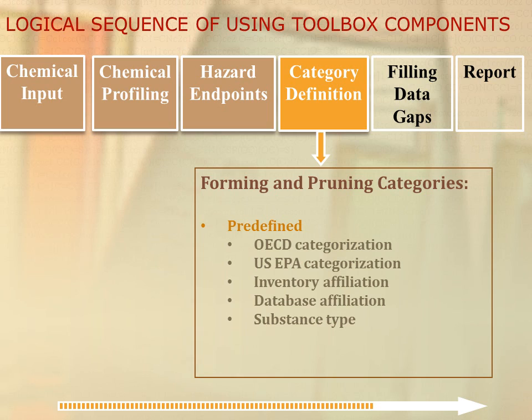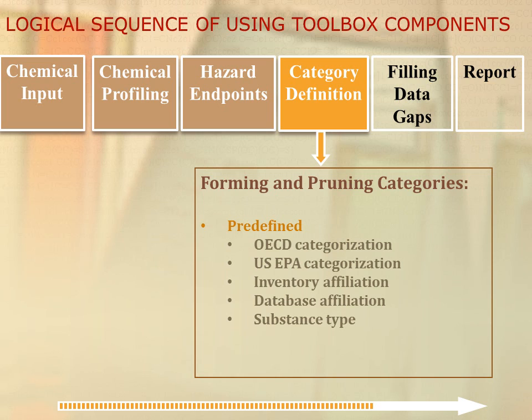When you put in a chemical structure, you should know immediately that this chemical structure already belongs to a category defined by OECD or EPA or whatever, and the basis for that.